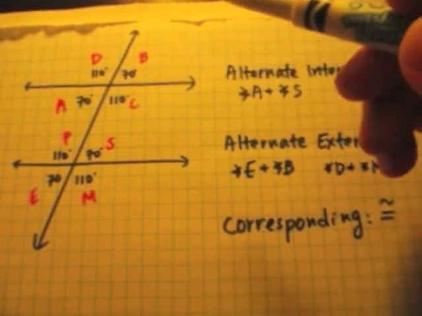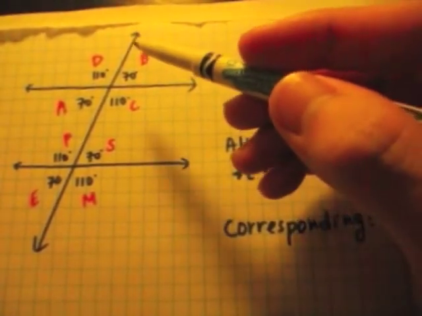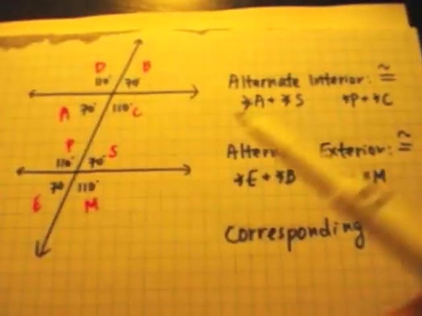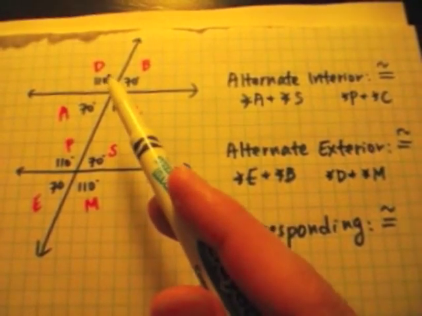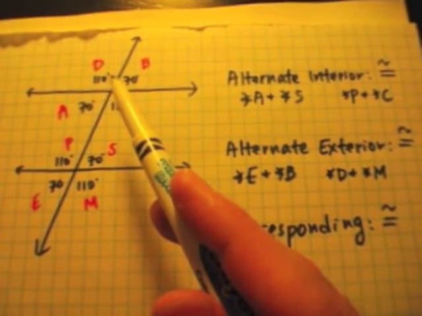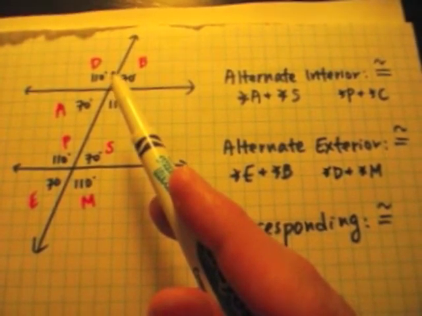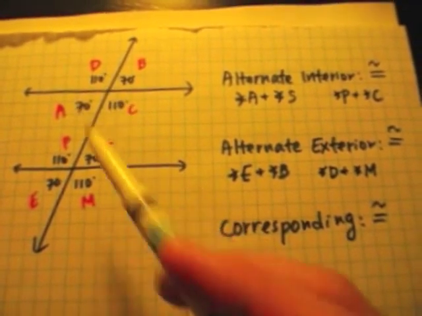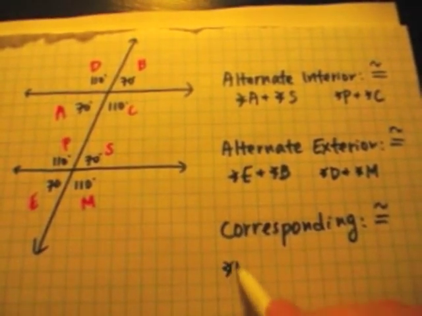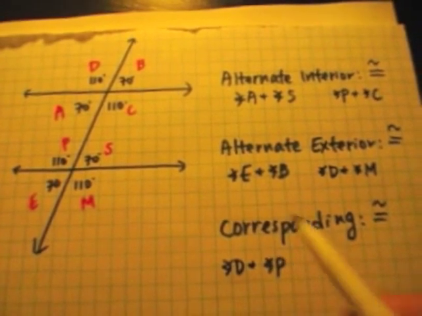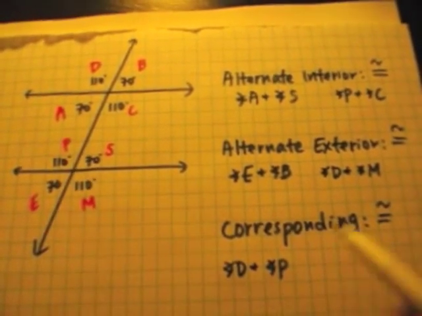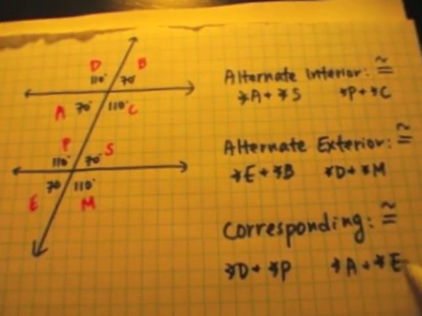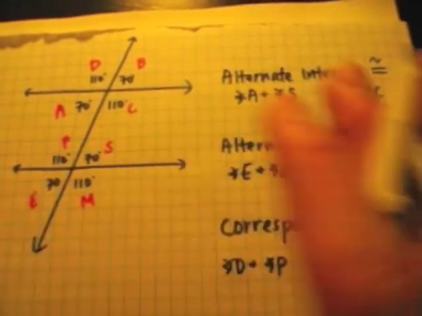So let's start by looking at the left side of the transversal, right? Here's my transversal, I'm going to look at the left side. So if I look at the left side, which corresponding angles do I have, right? Which angles on the left side are congruent? I have angle D and angle P. And I have angle A and angle E. I can also bring this to the right side.